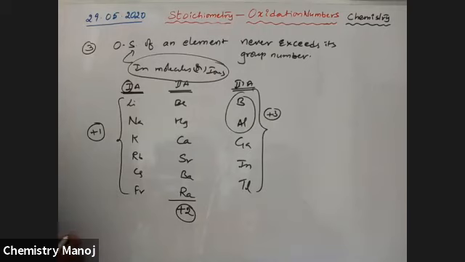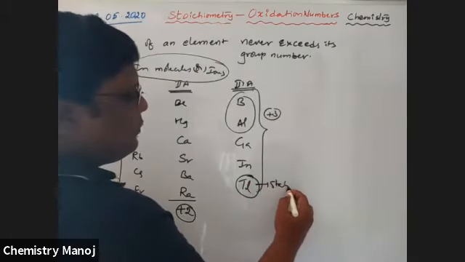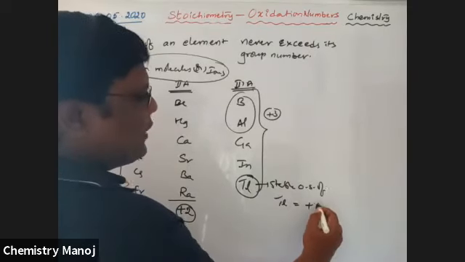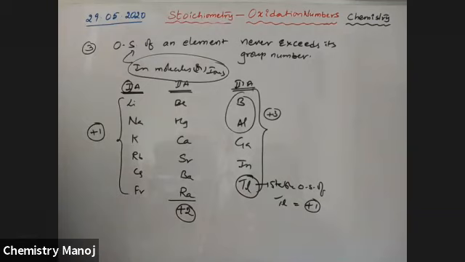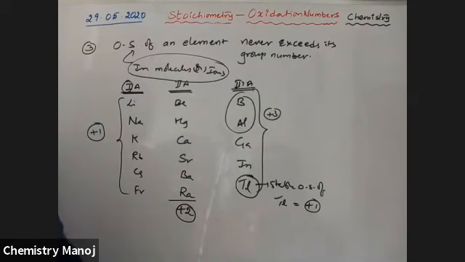But the stable oxidation state of thallium is plus 1. Except thallium, the remaining elements have plus 3. That is explained later in our periodic table classes. Why is that plus 1? That is because of the inert pair effect. So in general, third group elements' oxidation state is plus 3.